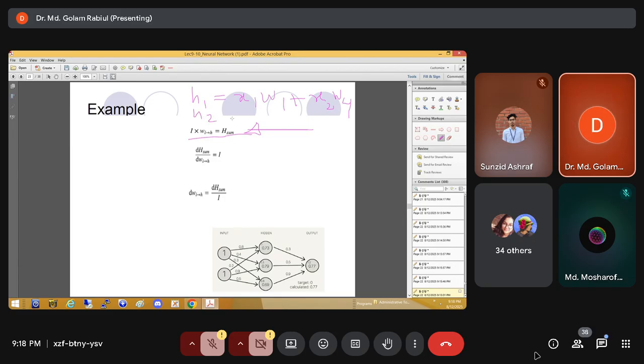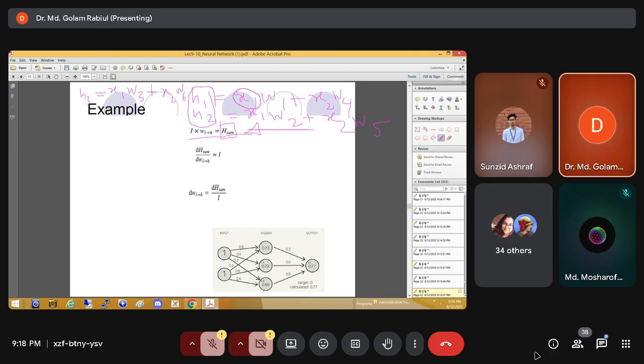Similarly, H2 is X1 W2 plus X2 W5. And also we know that H3 equals X1 W3 plus X2 W6. We have already done this. So these are H1, H2, H3, our hidden sums.